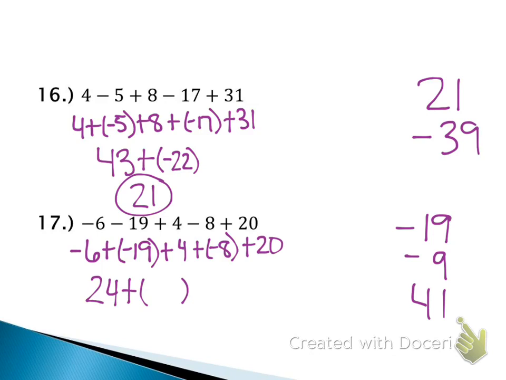Then I combine my negative numbers. Negative 6 plus negative 19 plus negative 8. Negative 33. We subtract their absolute values. 33 minus 24 gives us 9. 33 is the bigger number and it's negative, so our answer is negative 9.